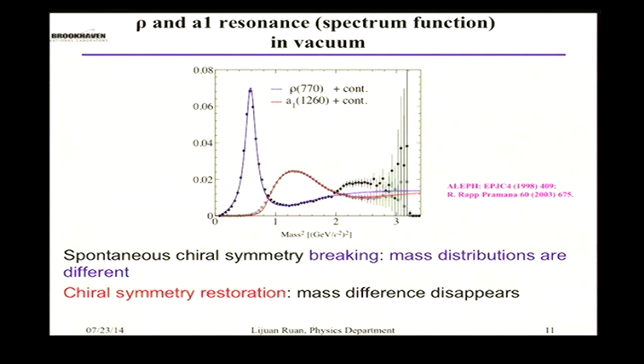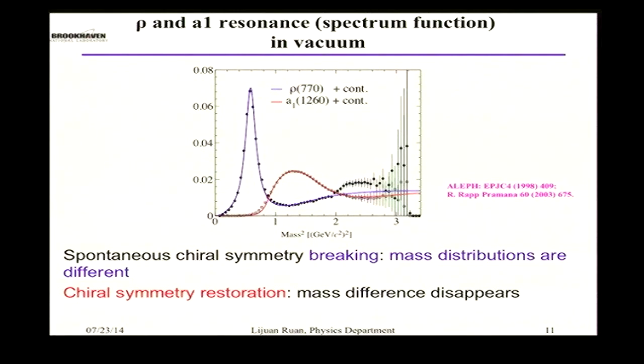It has this smooth function, which represents the continuum. And there's another bump here, which represents excited states. The theoretical calculation only includes the ground state plus the continuum. So you can see at a mass square of 2 to 3 GeV squared, the data is above the curve. So from this, you see that due to spontaneous chiral symmetry breaking, the mass distributions of these two particles are very much different.